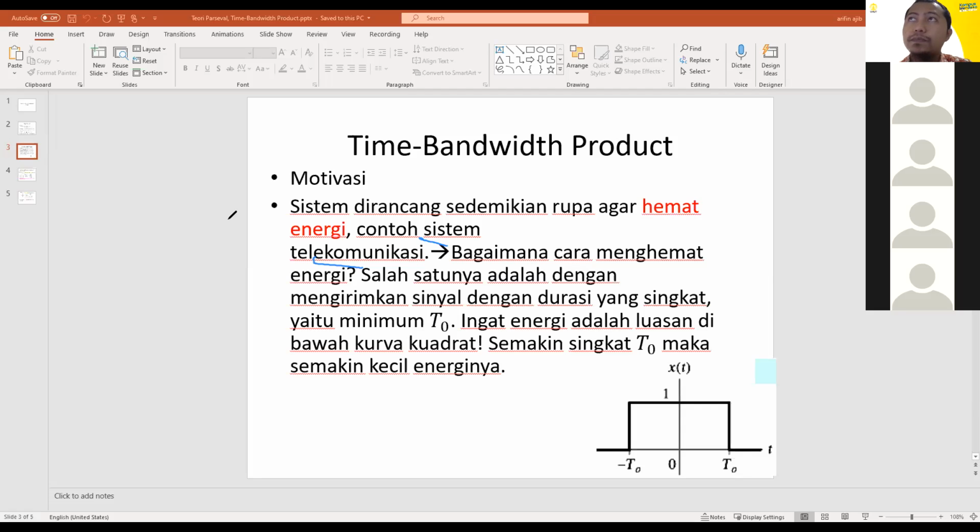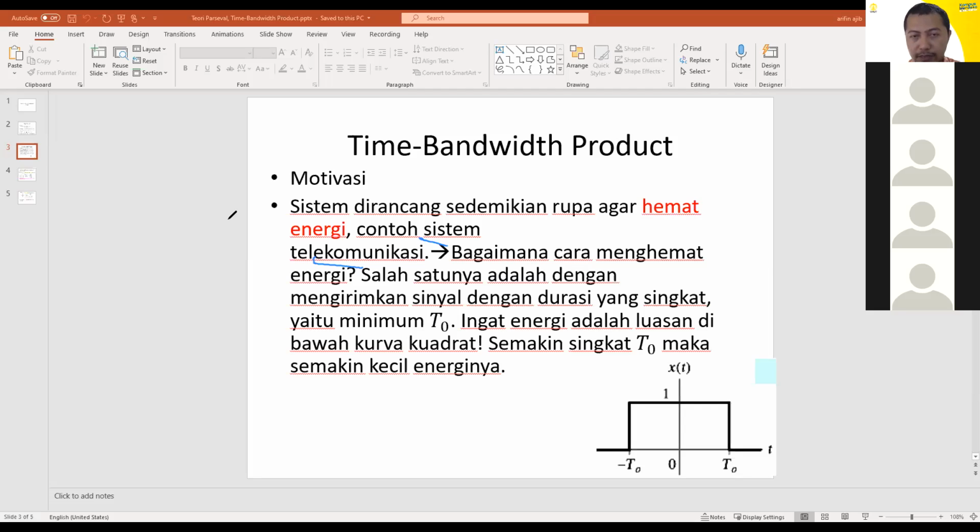Actually, the answer to this question is there are many ways to increase the energy efficiency in telecommunication. For example, we can choose the right antenna, meaning an antenna with high gain, so we receive or transmit signals very efficiently.